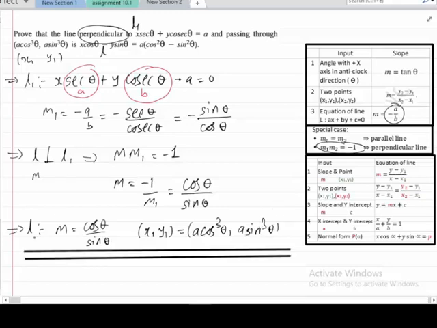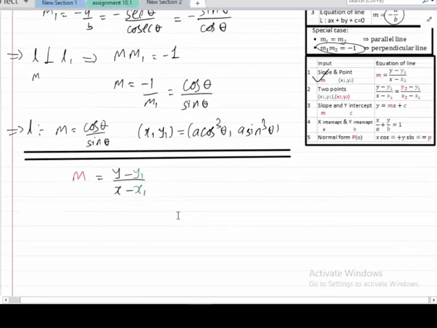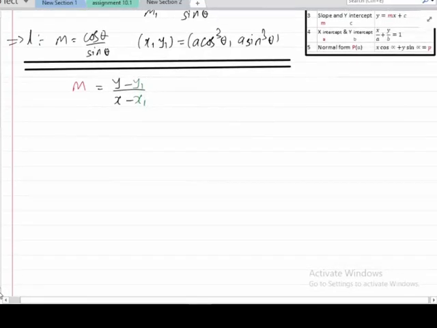So now we have our double underlined data, which suggests that we should use the slope point form of the equation of line, which is m is equal to y minus y1 upon x minus x1, right? We just have to place the values of m and x1, y1.